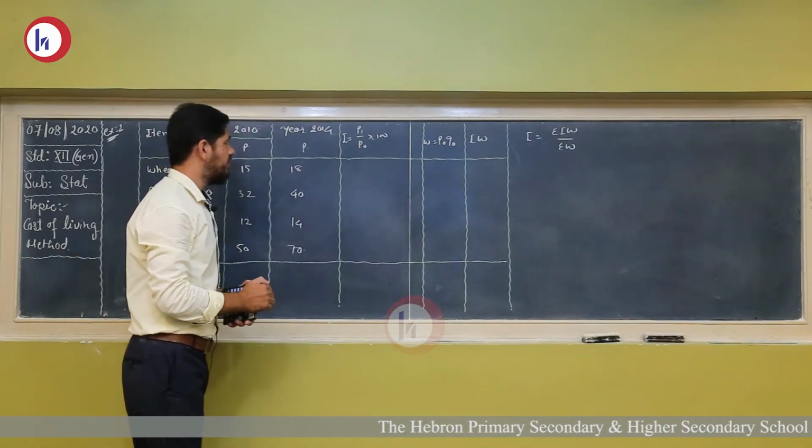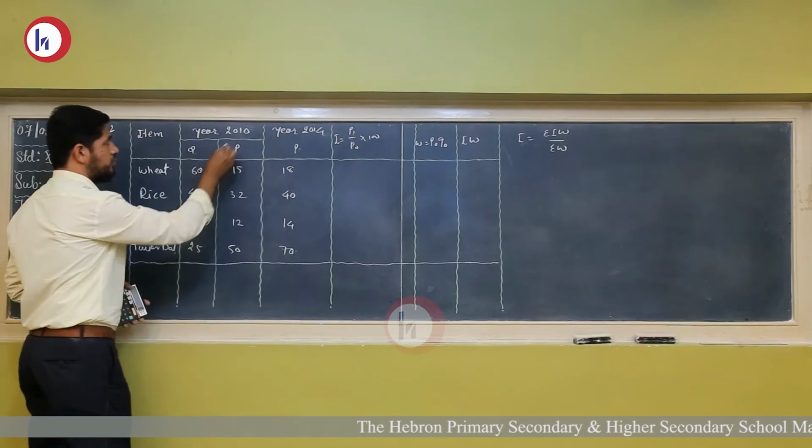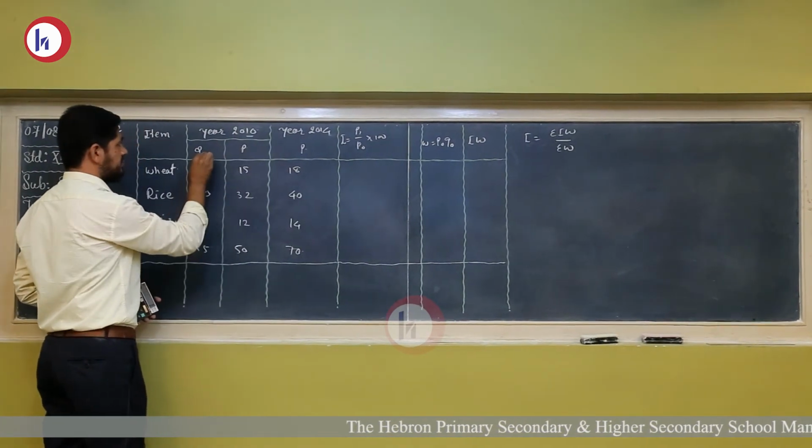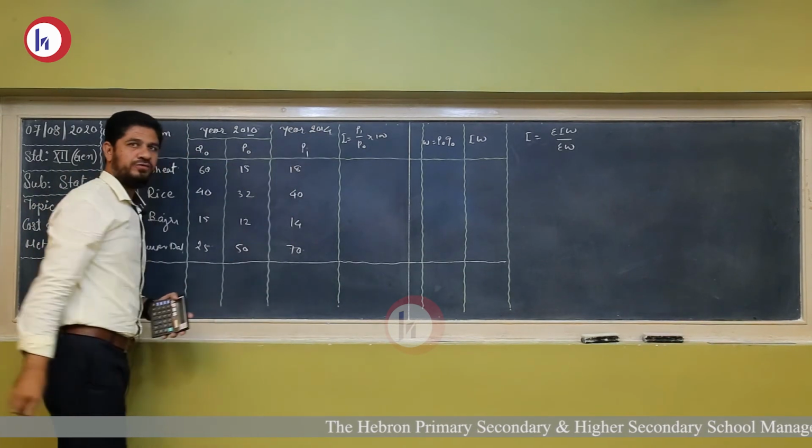Okay, let's find the value of I. The formula is P1 upon P0 into 100. Now 2010 is a base year, so this is Q0 and P0, and 2014 is a current year, that is the value of P1.